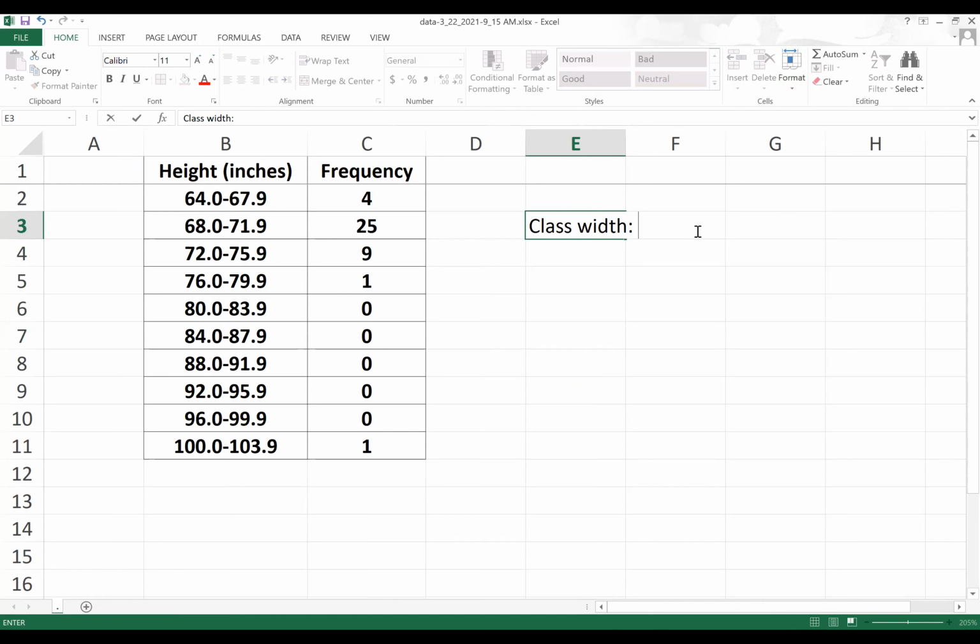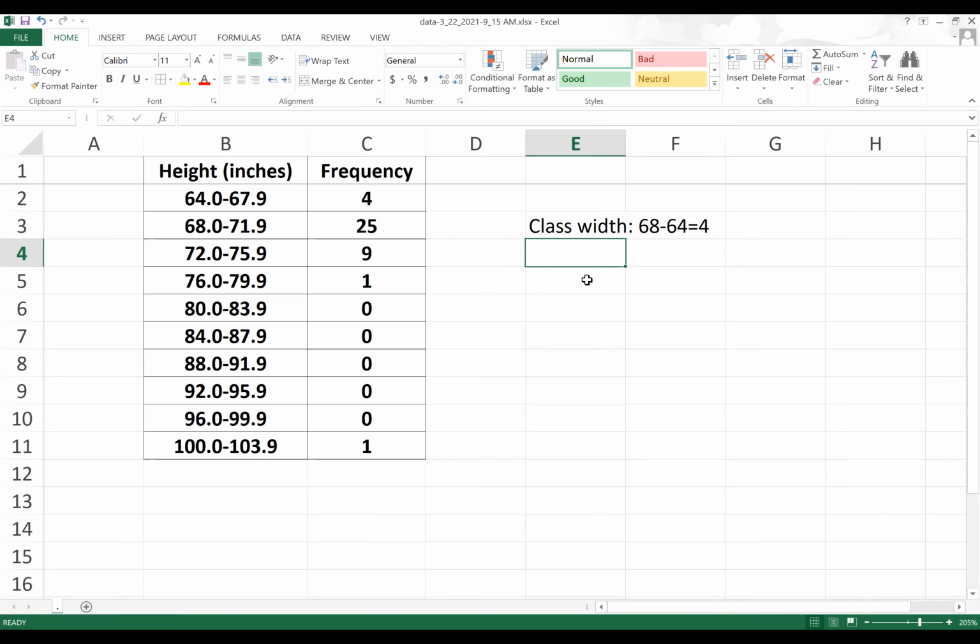So the easiest thing to do is using 68 minus 64. Find the difference between two neighbors, right? These two neighbors are two consecutive lower class limits or upper class limits. So that turned out to be 4. So you find the class width, and it turned out to be 4.